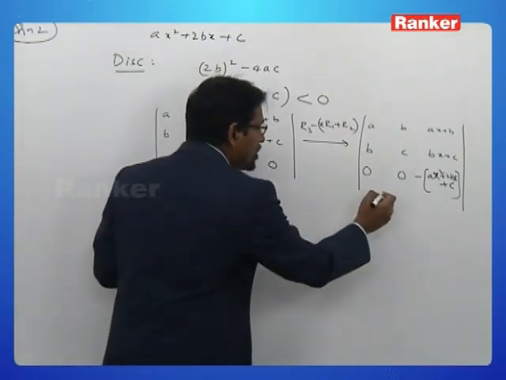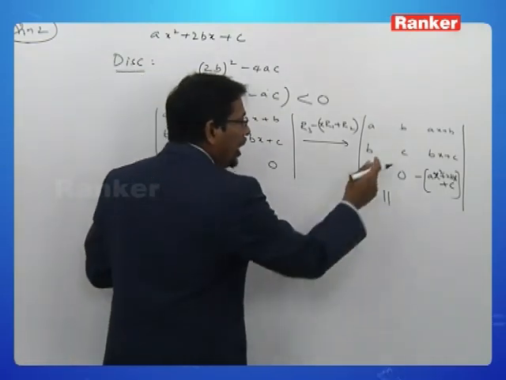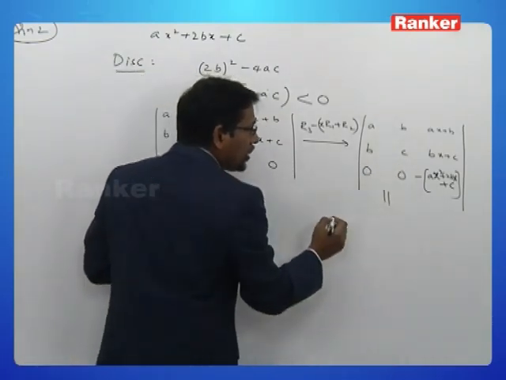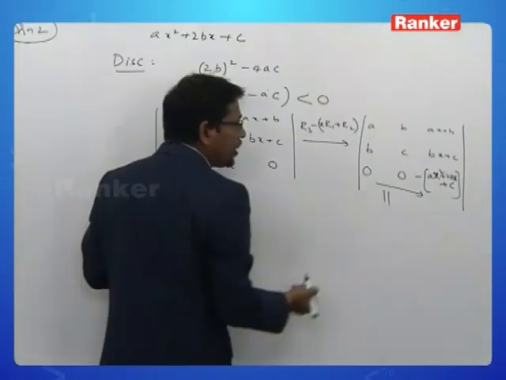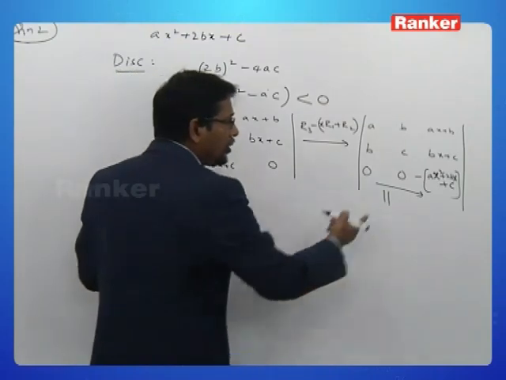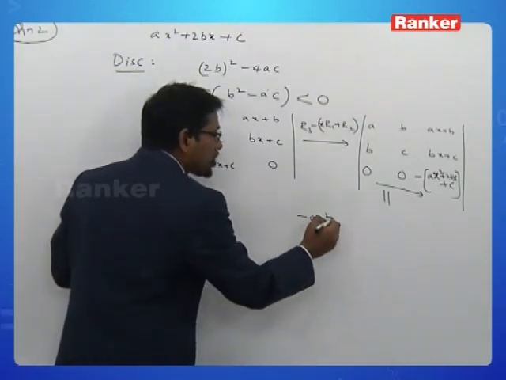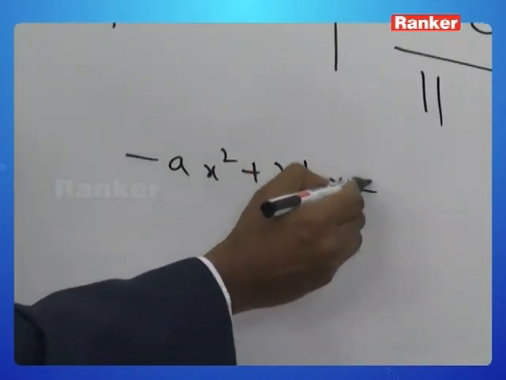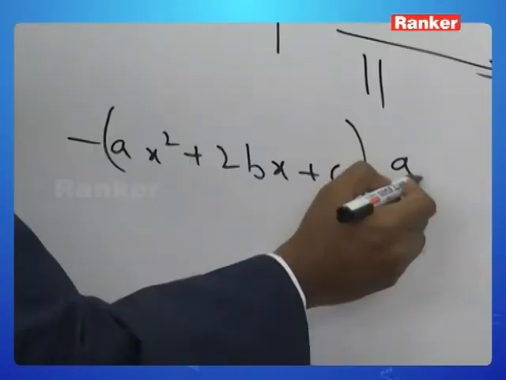Now I'll open up this determinant and see what we get here. I open up the determinant by the last row. What do we get? We get minus of ax square plus 2bx plus c into ac minus b square.